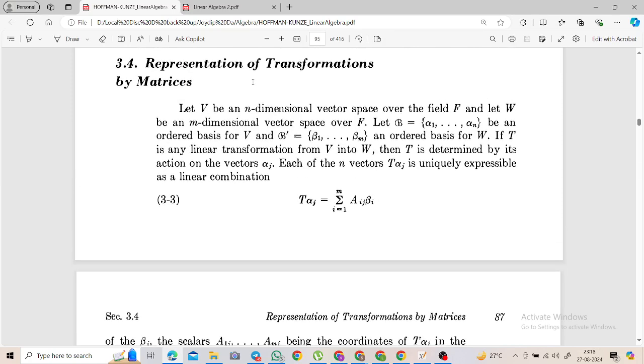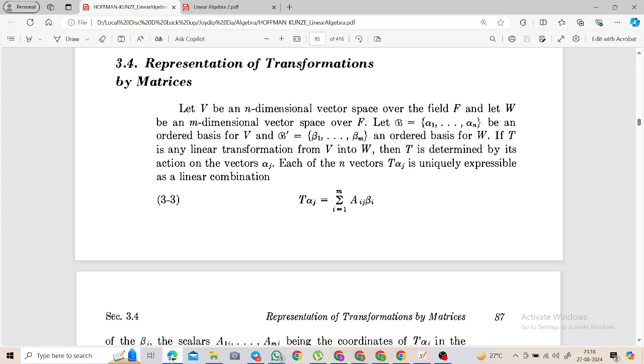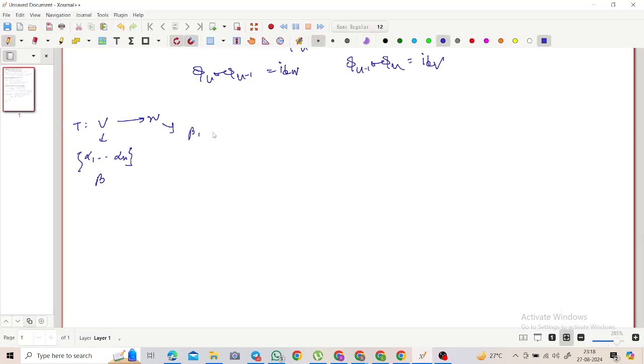Basically, suppose T is a linear map from V to W. V has a basis alpha 1 to alpha n, and W has a basis, call it beta prime, beta 1 to beta m. Am I consistent with the notations? Then what is T alpha 1?